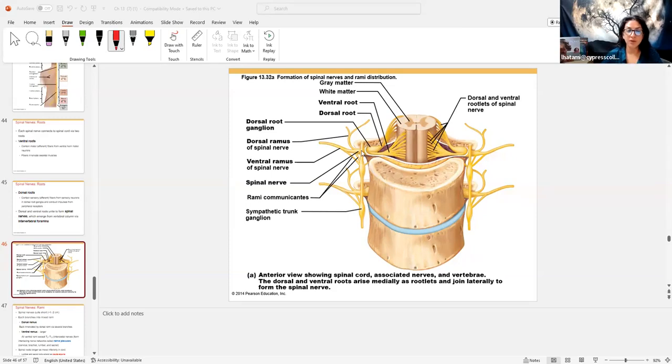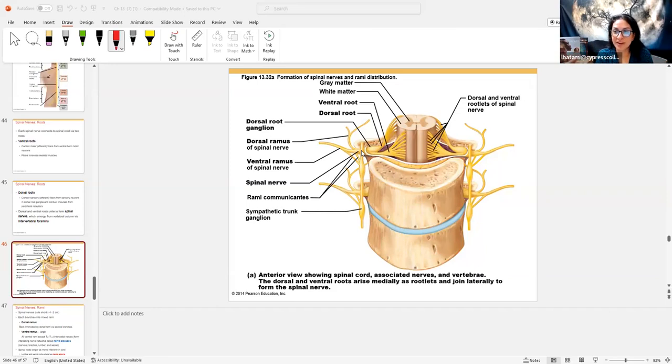And then let's go over the spinal nerve. You know the spinal cord is found in the vertebral canal or vertebral foramen, and the spinal nerves come out of the spinal cord. But how do the spinal nerves exit the vertebrae?